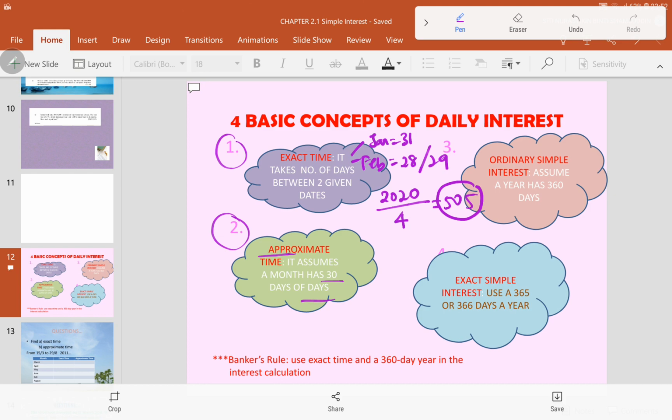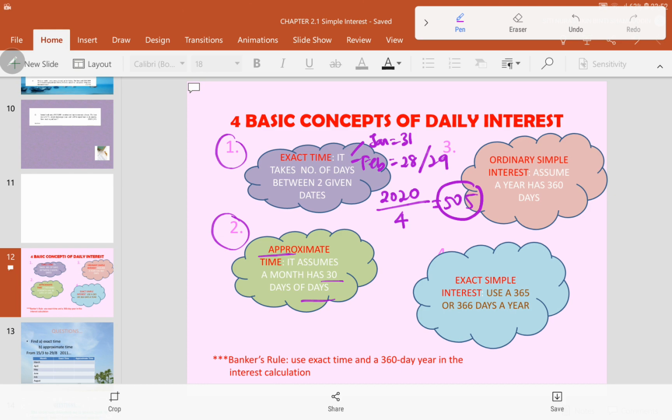So if it is ordinary simple interest, then we assume in 1 year it has only 360 days. Ordinary maksudnya tahun biasa. So we assume every month has 30 days and 1 year has 360 days. Okay, what about exact simple interest?